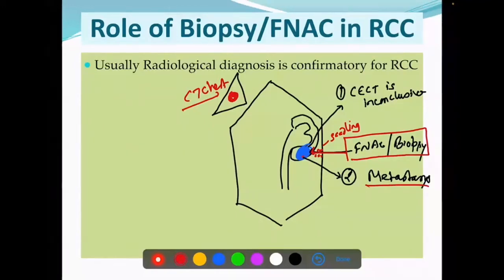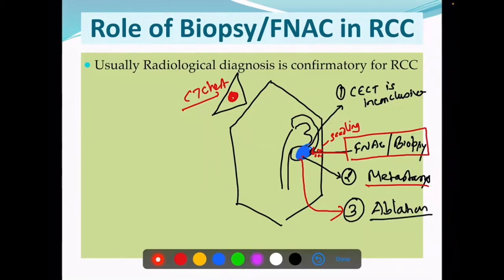Number 3, suppose you are planning for a treatment like ablative treatment. Ablation means there are some situations where we give a local therapy like cryotherapy or heat therapy. Okay, in that situation you should know the histological type.